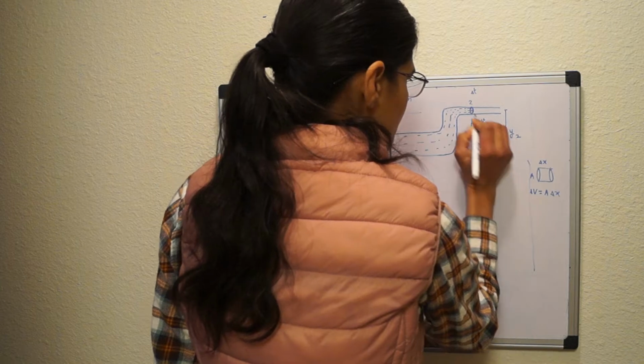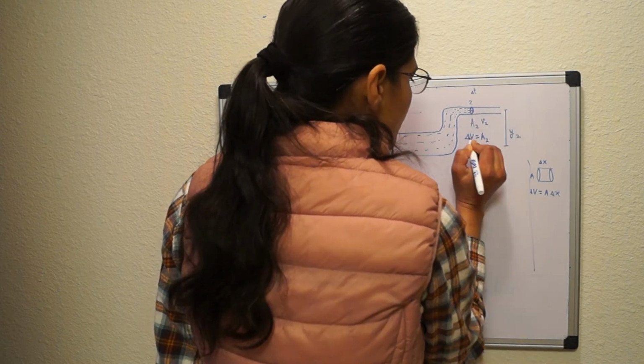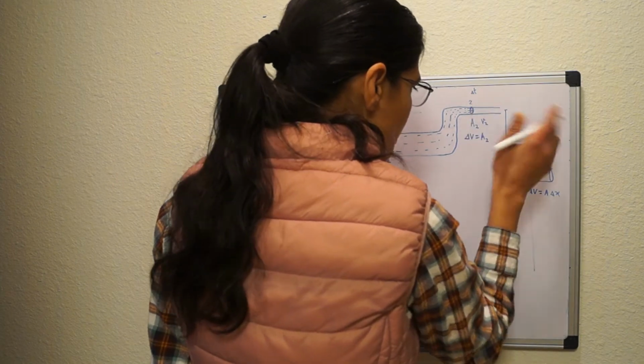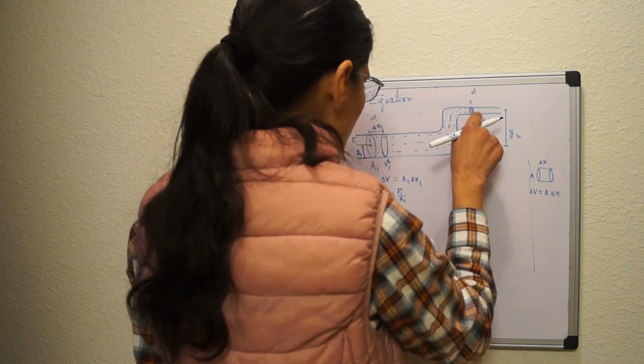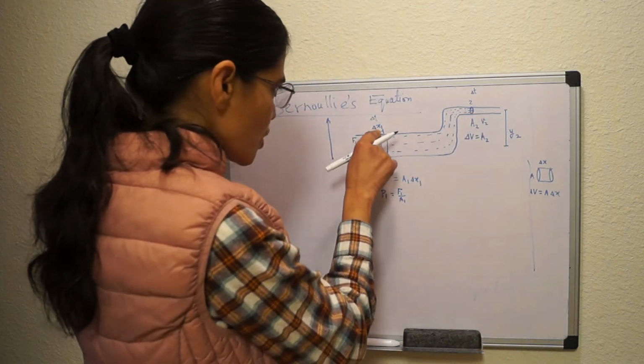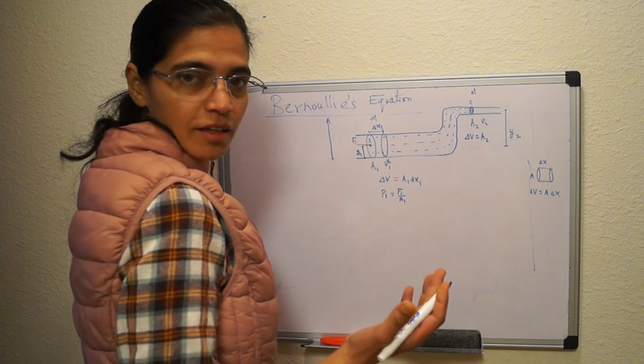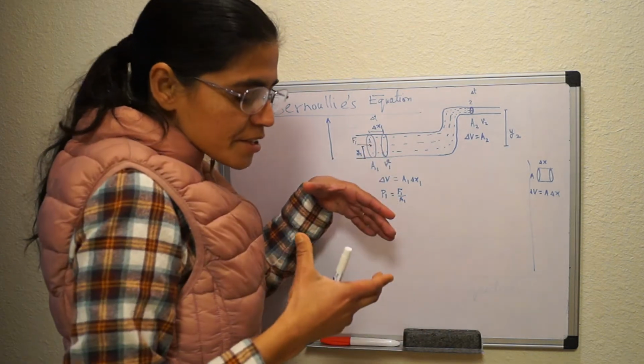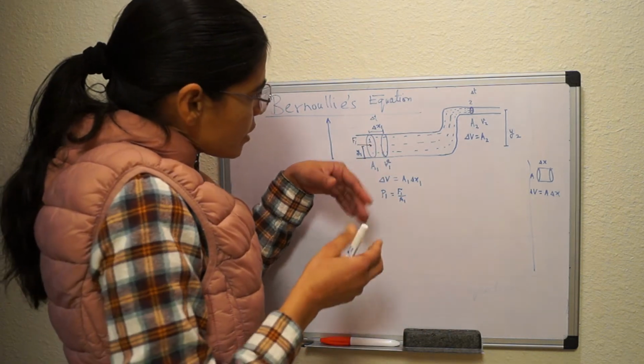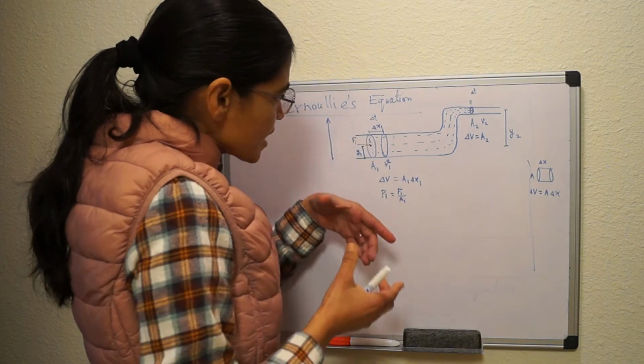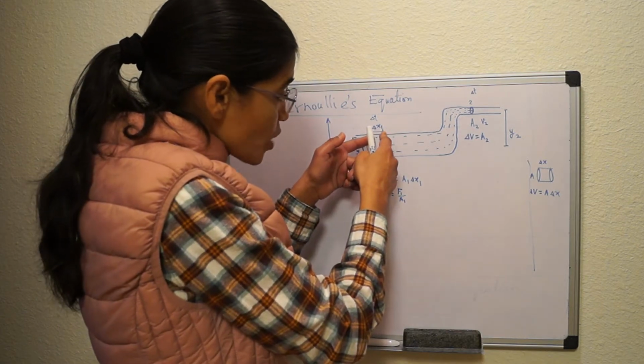A2 times the change, right? Because A2 times the distance it moved. Look at this. How far will it move? Do you think it will be the same distance as delta x1? What do you think? This is a wider tube, and in the given time delta t, it is moving through this distance delta x1.